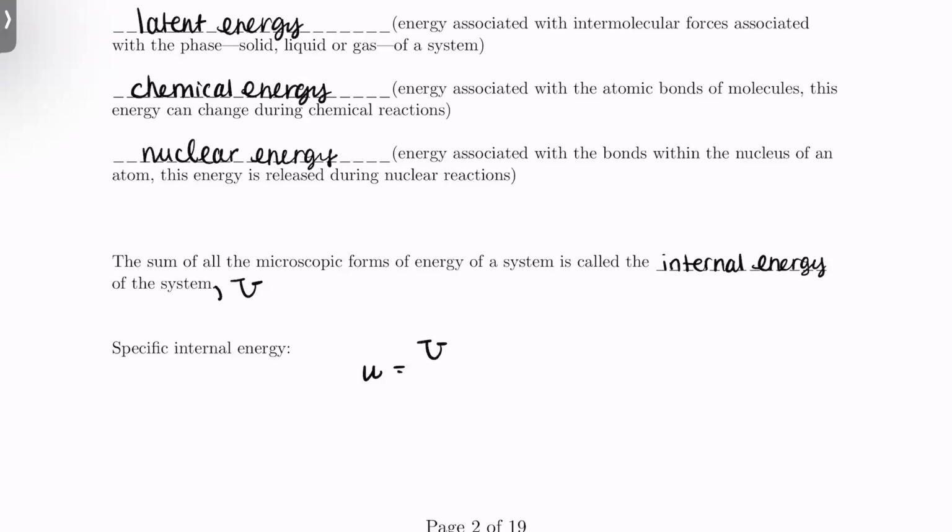So that's how I do it. So we have our total internal energy divided by the mass. And the units here are kilojoules per kilogram or BTU per pound mass, just like before, because this is still an energy. So our units are still going to be the same.